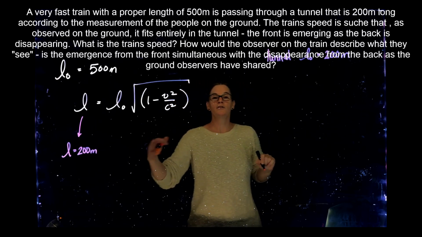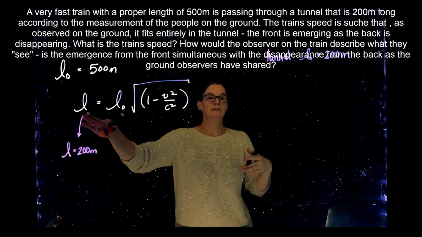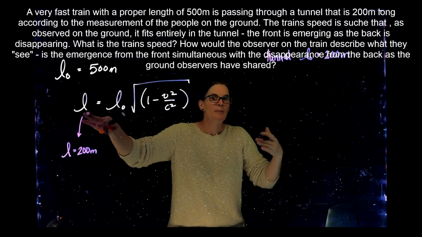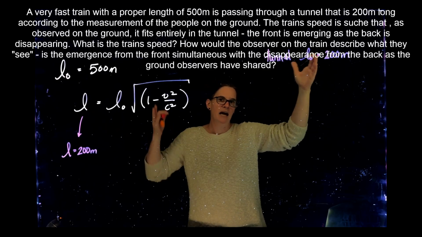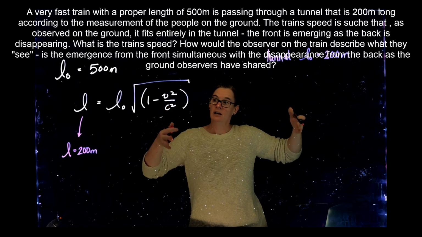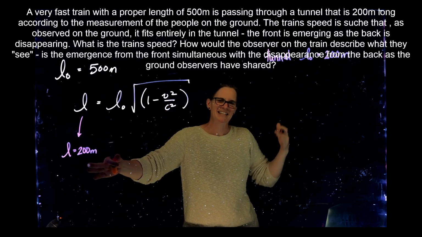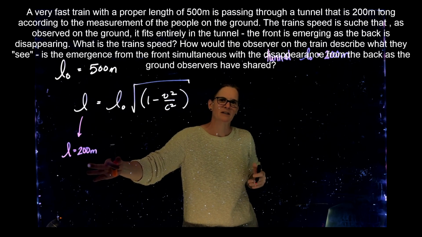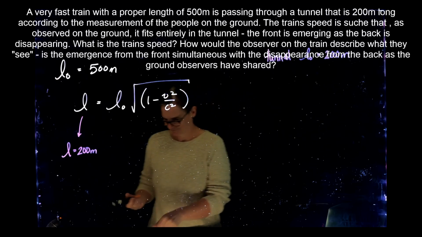The observer is on the ground, not on the train. This is the length that the tunnel and train appear to them because the proper length of the tunnel is 200 meters. That is their reference frame of length. And if the train entirely fits inside of it, they see the train as 200 meters. So now we just solve for v.